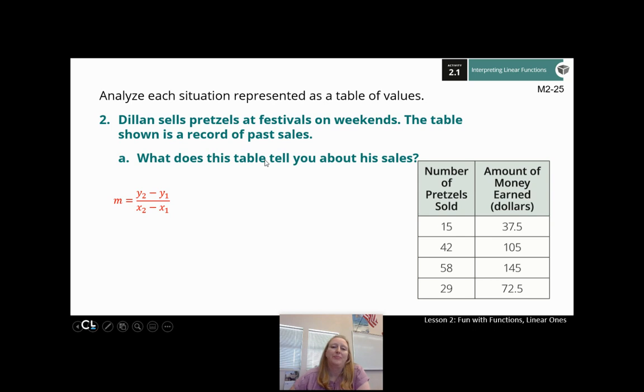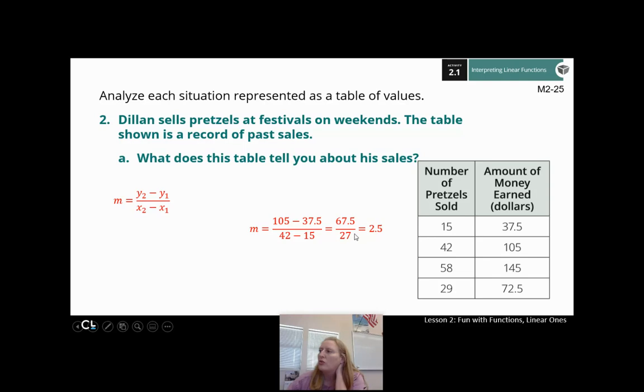So slope. I didn't do the slopes for all of them. I just picked these first 2 points to do the slope. So I did 105 minus 37.5 over 42 minus 15. The y values were in dollars, so $105 minus $37.5 gave me $67.50. And 42 pretzels, because our x was in pretzels, minus 15 pretzels gives me 27 pretzels.